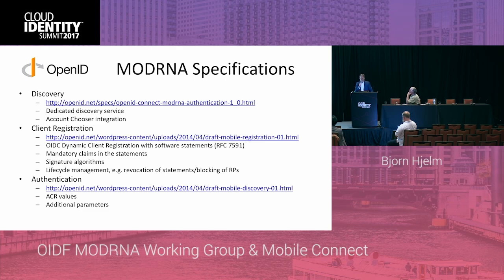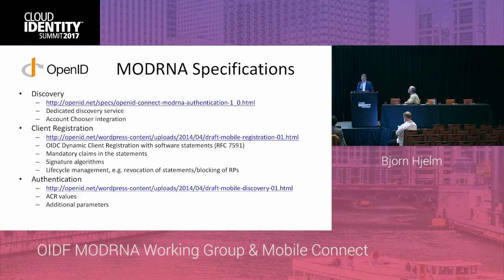So there's three core MODRNA specifications, and again, it's the discovery part. We also added in the discovery service something called account chooser, which is another OpenID Foundation specification for caching your login identifier, so that you don't have to do the discovery to the OpenID API exchange.